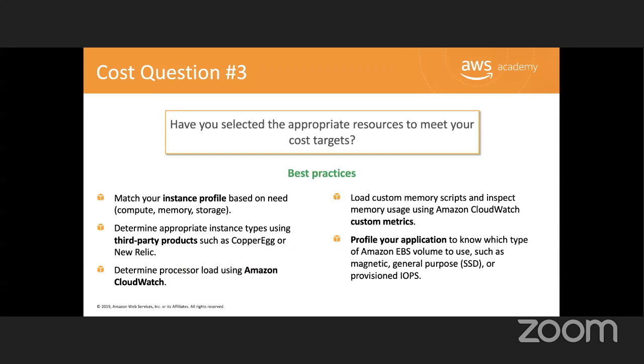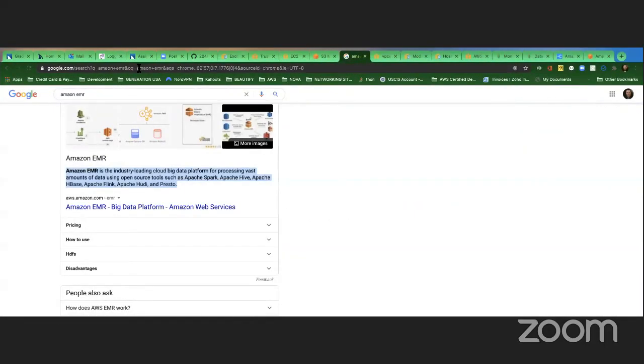Have you selected appropriate resources to meet your cost targets? Match your instance profile based on need: compute, memory, storage. Determine appropriate instance types using third-party products such as CopperEgg or New Relic.